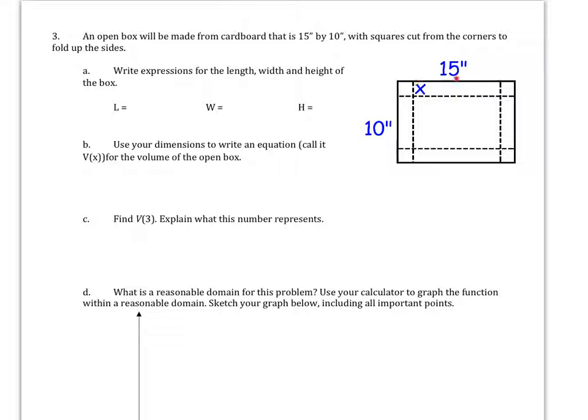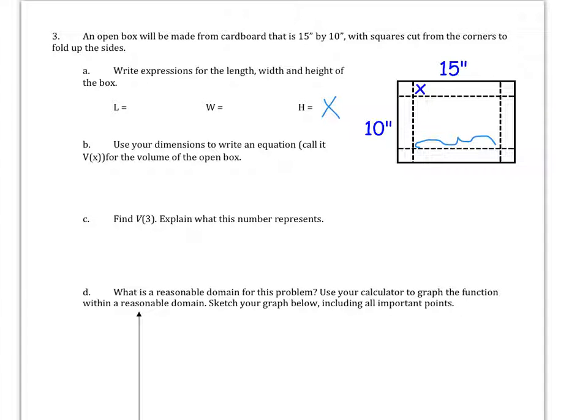Right, we're going to fold up these sides, and those sides have a width of x. But that x, if you think in 3 dimensions, becomes the height of your box. So our height will be x. And then the length of the overall box is going to be like this dimension here.